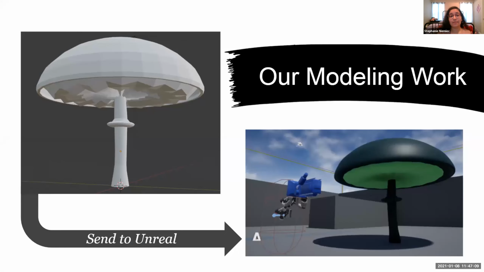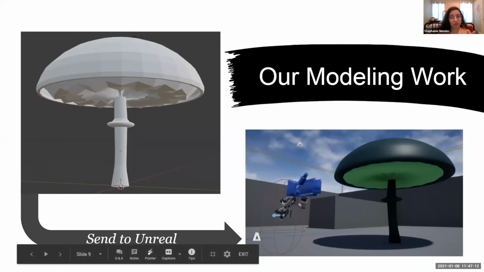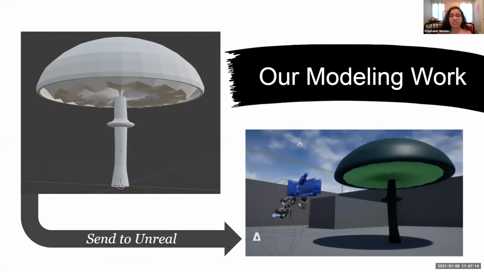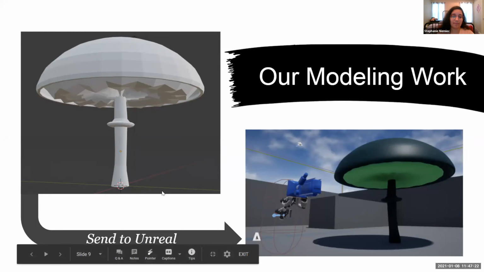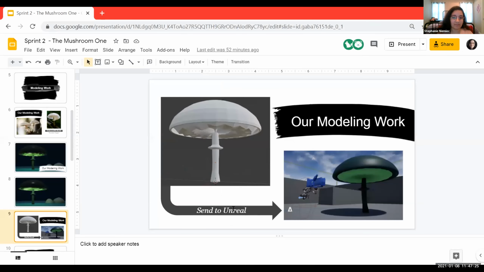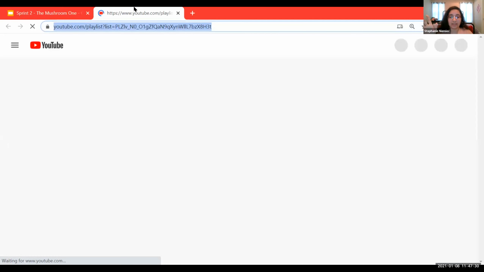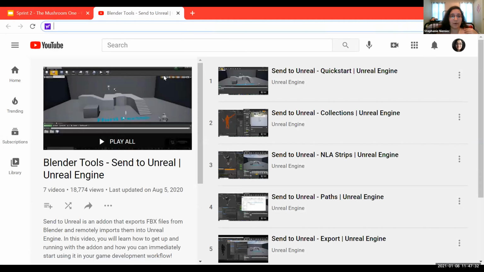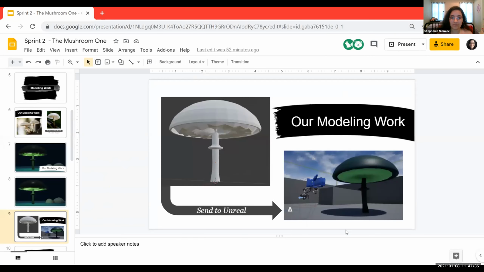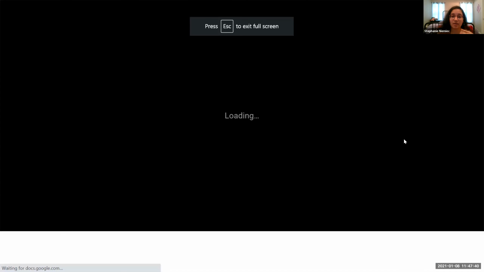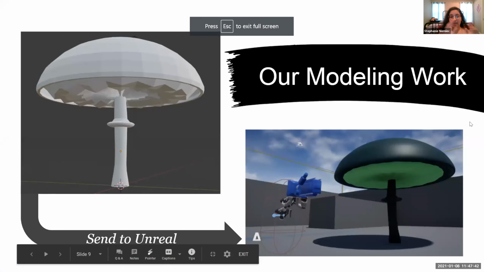Additionally, I'd like to add that I found a good plugin for Unreal itself that lets you directly export from Blender into Unreal, as you can see here. I'll post it again. I know I posted it earlier, but I'd like to share that with everyone. There's a whole playlist on what you do specifically, but mainly what it lets you do is directly take an asset and export it immediately to Unreal.